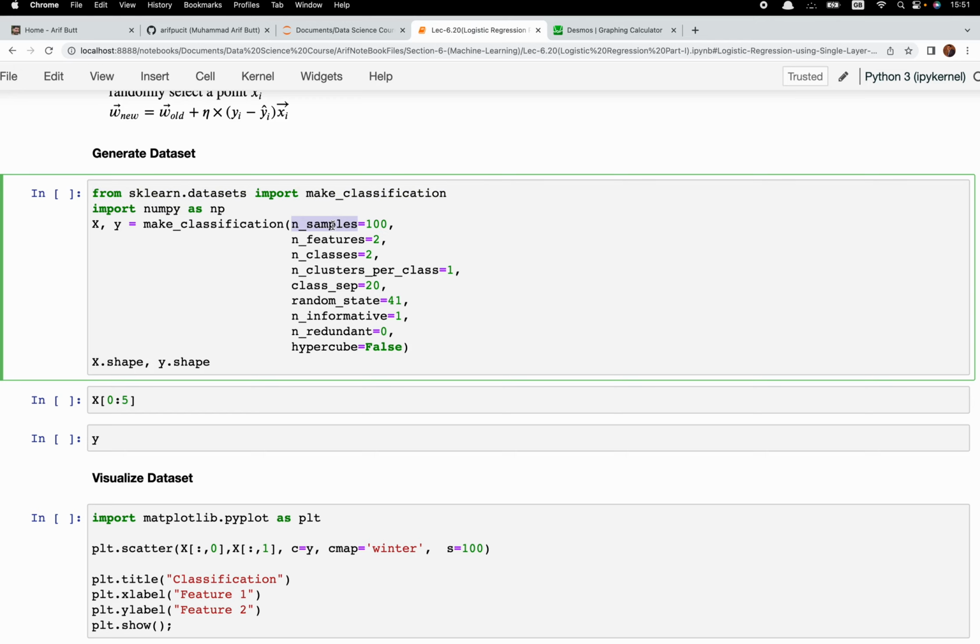This means that we want 100 observations or data points. n_features is equal to 2 means I just want 2 input features per sample. n_classes is equal to 2 means I want to do binary classification. Moreover, I have specified number of clusters per class as 1, separation among the classes is 20, and random state is 41 for reproducibility.